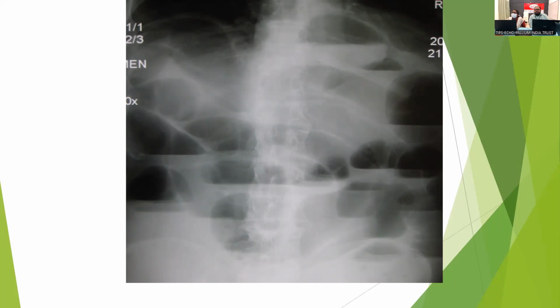Shikha? You think it's intestinal obstruction. So what helped you with the diagnosis? Shikha, please unmute and then talk.